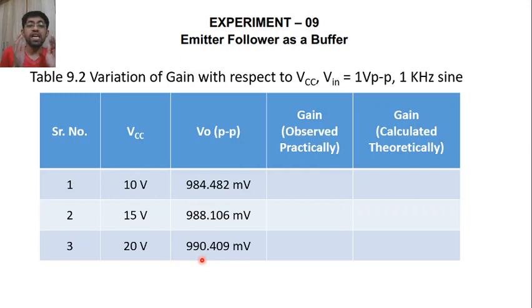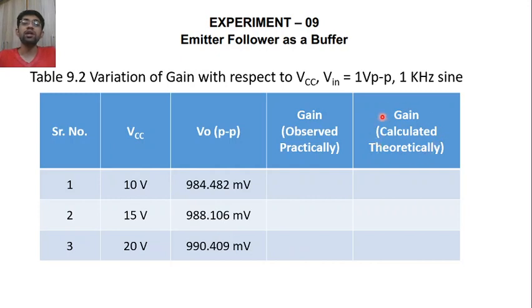What does it mean? Your AV gain tends to 1. If you take the ratio of V out upon V in, V in is 1 volt. So your observed gain, which is this output divided by 1, will move toward 1 as we are increasing the VCC.